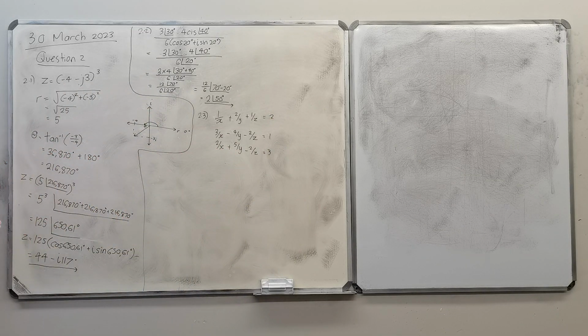This is what they gave you. They want you to solve for x using Cramer's rule. Looking at this, how would you solve it?